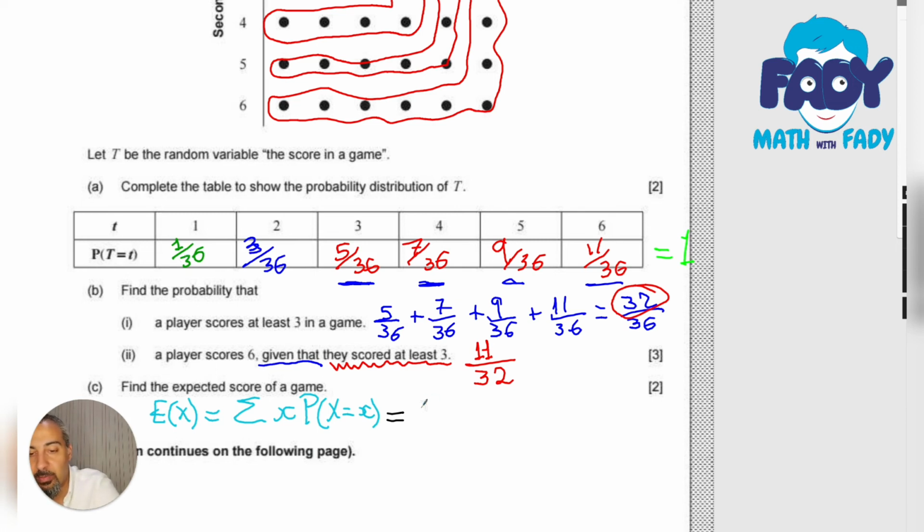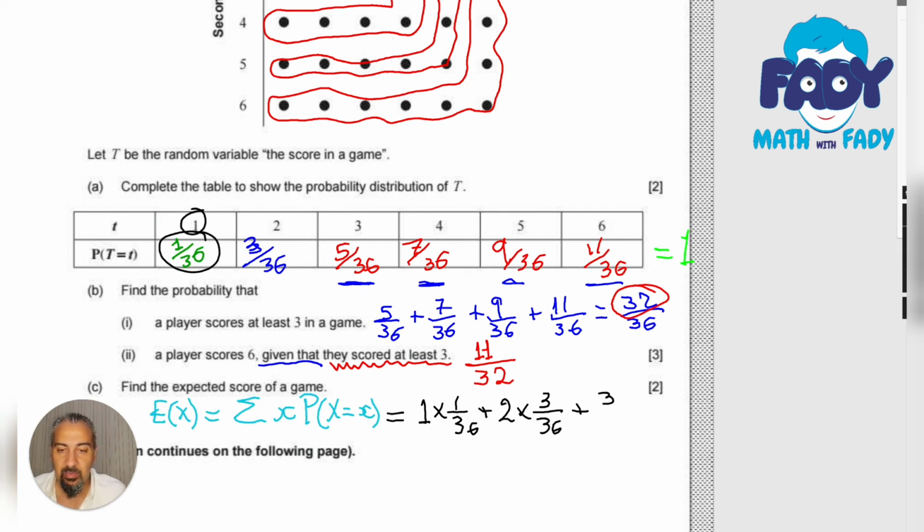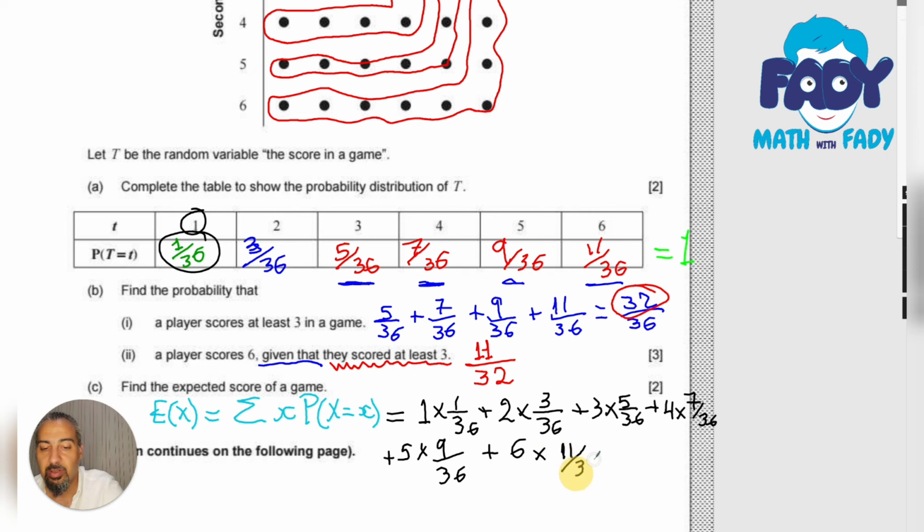The probabilities we have. So we multiply 1 times 1 over 36, plus 2 times 3 over 36, plus 3 times 5 over 36, plus 4 times 7 over 36, plus 5 times 9 over 36, plus 6 times 11 over 36.